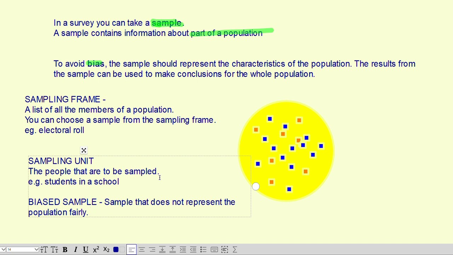So for example, if surveying students at a mixed school and the sample only contains girls, then that's no good. We can avoid bias by using random sampling methods, and that we're going to cover really shortly. Okay, so if you get those written down on flashcards.